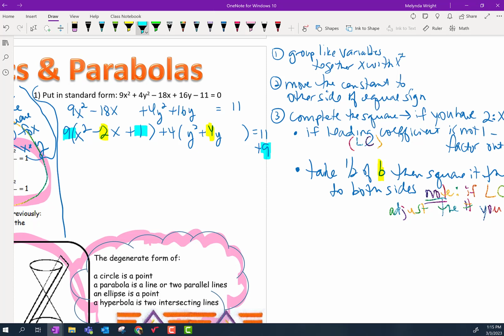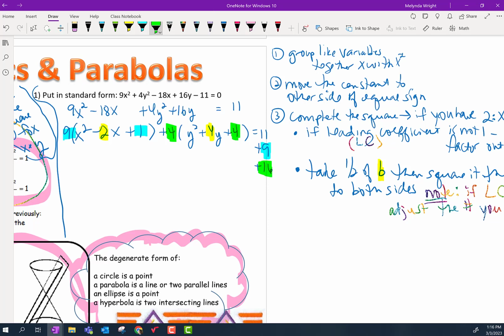So now on the y's, I take half of 4, which is 2, square it, which is 4. So I add 4, but am I really just adding 4 here? No, I am really adding 16. So plus 16. And I've got it color-coded so you can see where the numbers come from.